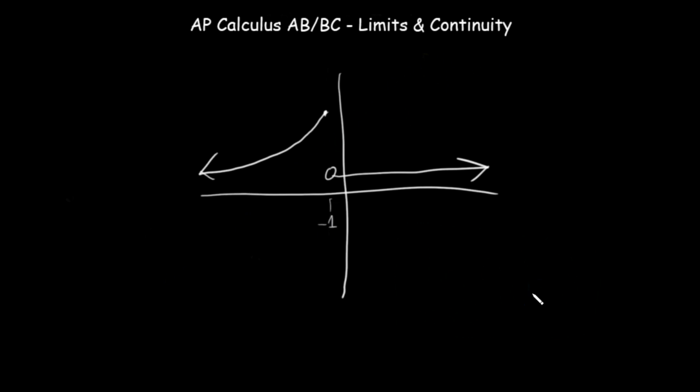Now we want to find the limit notation as x approaches -1 of f of x, negative 1, not positive 1. The first thing you'll realize is that this is a bit confusing, because on one side, as x approaches -1, we're approaching the y value of about 1, and up here, as x approaches -1, it's approaching the y value of about 5 or 6.